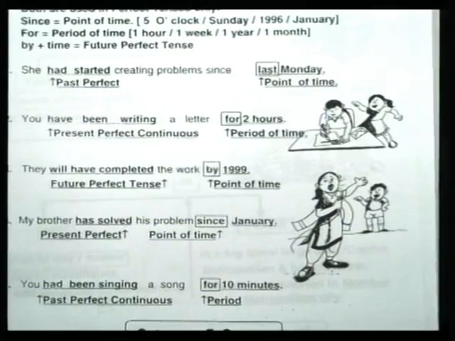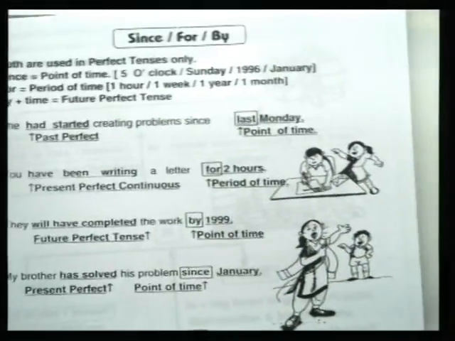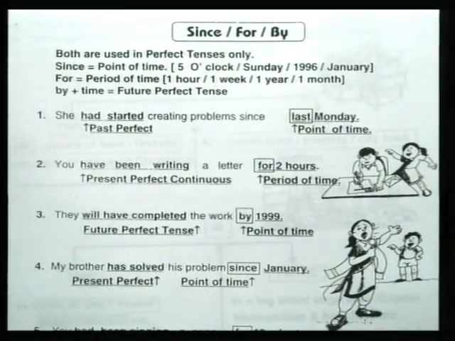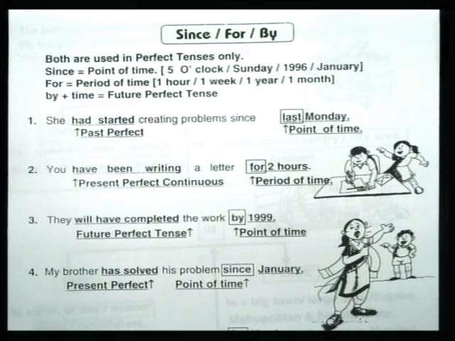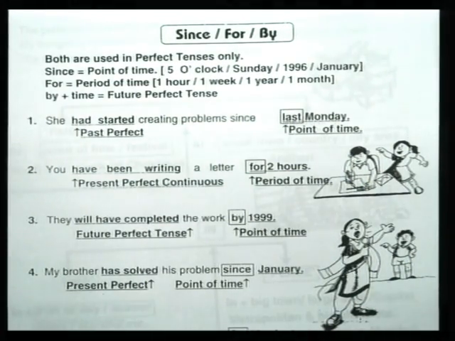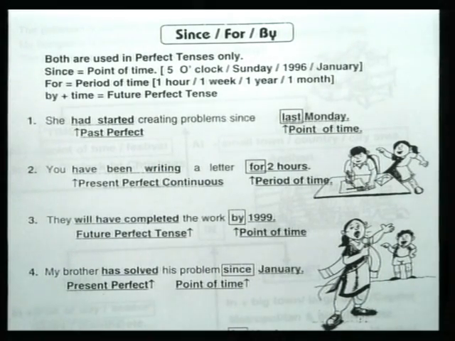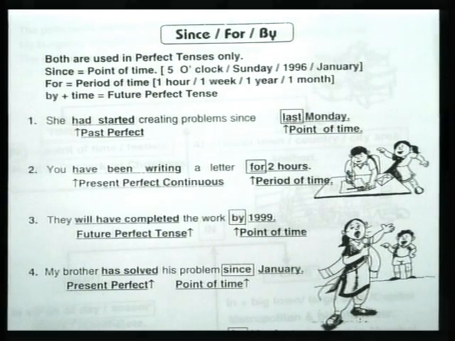Now my next preposition is since. Since tells you from the day of the start, but it does not have the end point. You can say, I have started learning English since my childhood. Why?